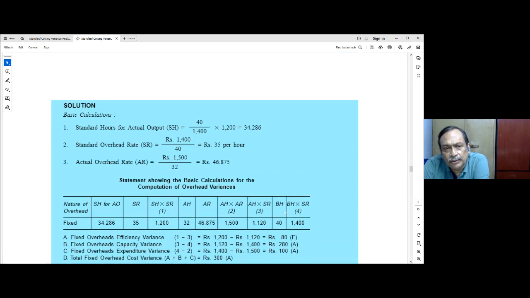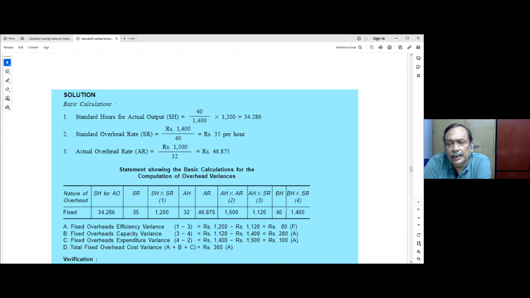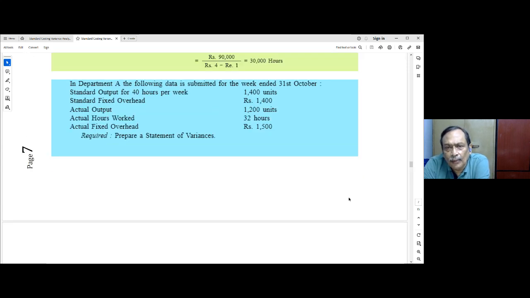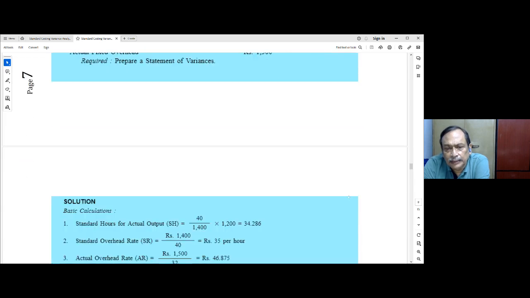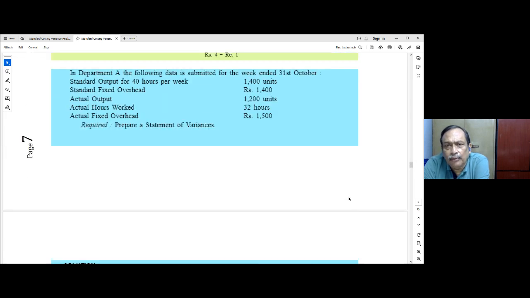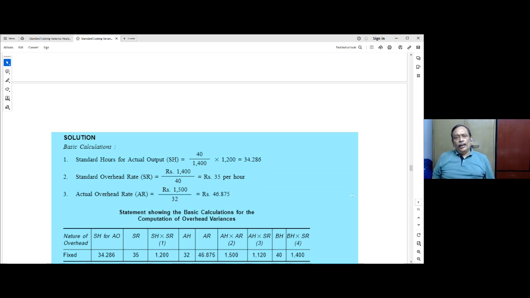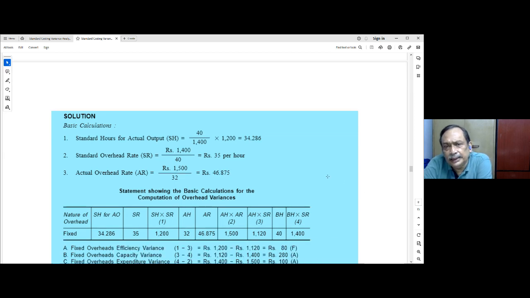So standard hours for actual output, which is SH, is equal to 40 divided by 1,400, that is standard output for 40 hours per week, multiplied by actual output, that is 1,200, so that we get 34.286.